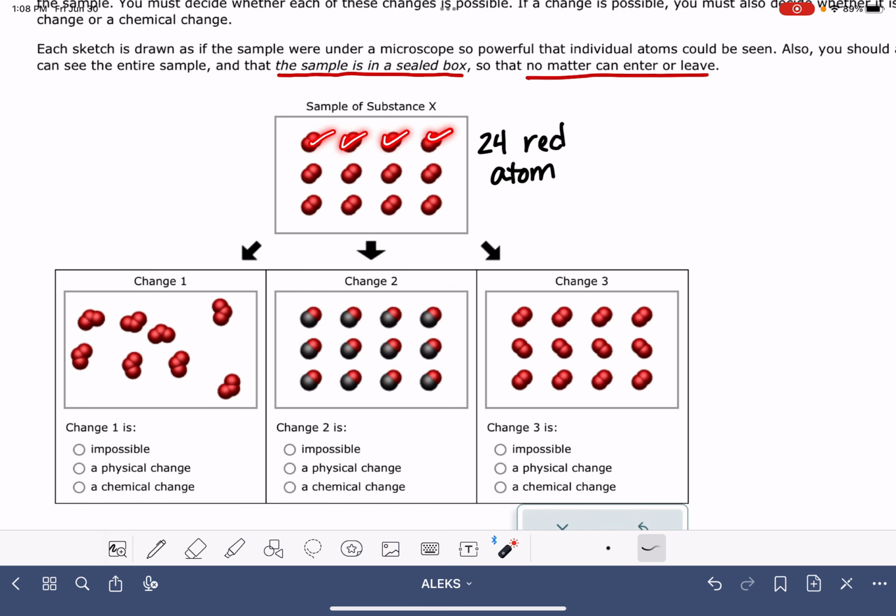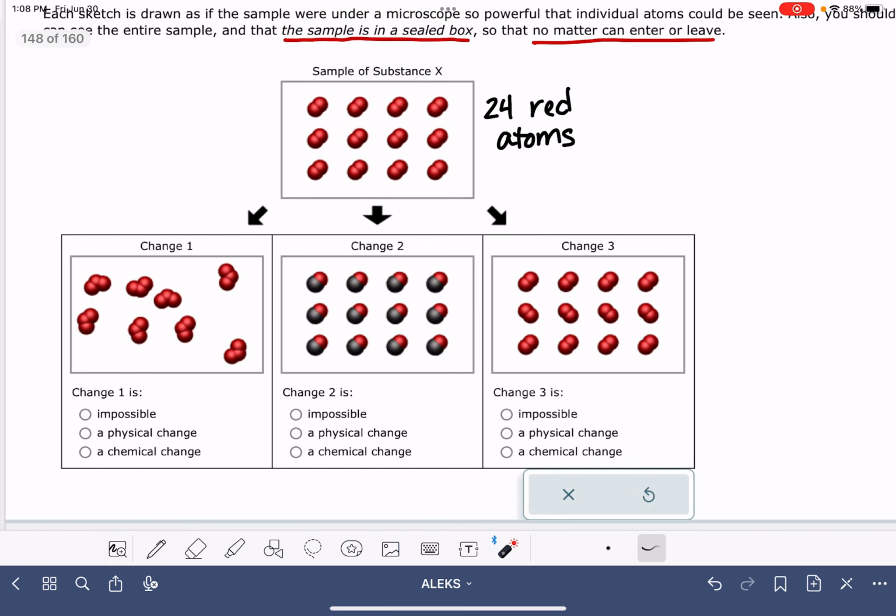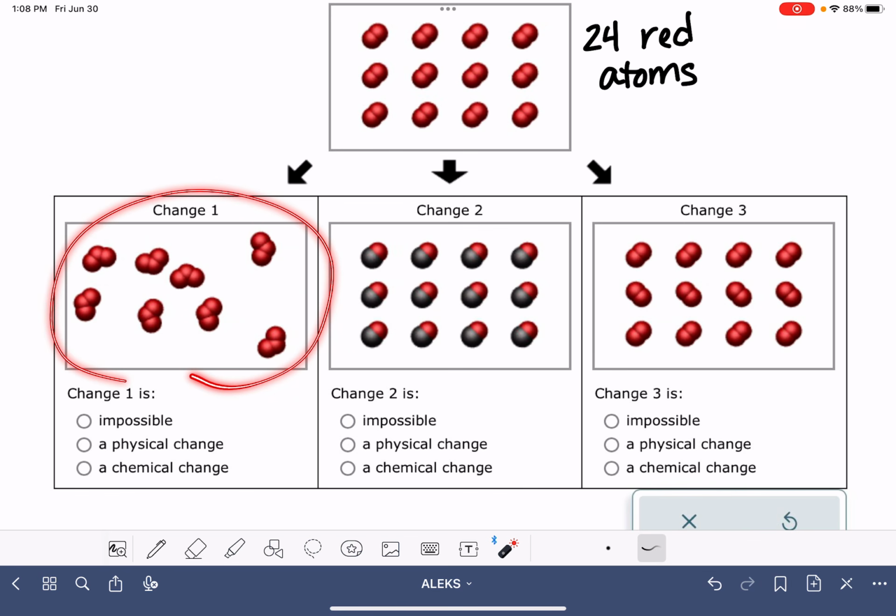So after the change occurs, I need to end with 24 red atoms exactly. Nothing more than that, nothing less than that. And if there's any other atom, or if any atoms have been removed, the change is impossible, again, because it's in a sealed box.